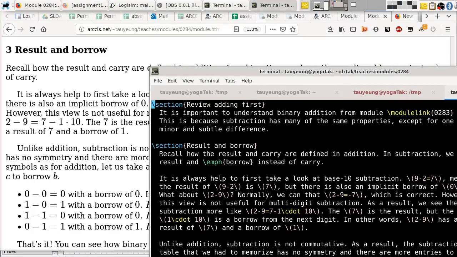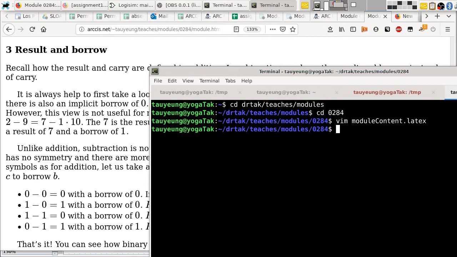And we are looking at results and borrow, and we are particularly trying to address the 7. There we go. As a result of 3 and a borrow of 1.